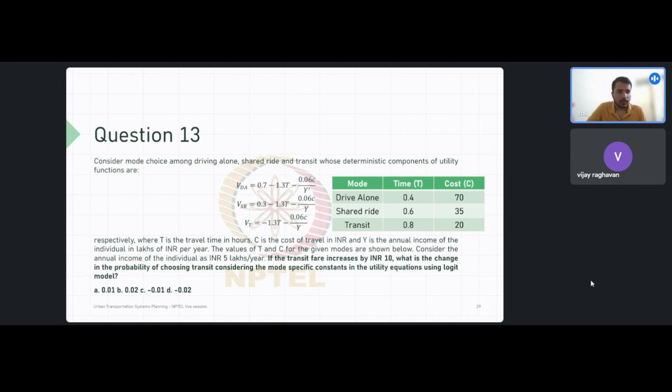So you can try and let me know the answer. So the only change we have done is, everything is same, but the cost of transit, which is 20, will become 30. So we have to change.